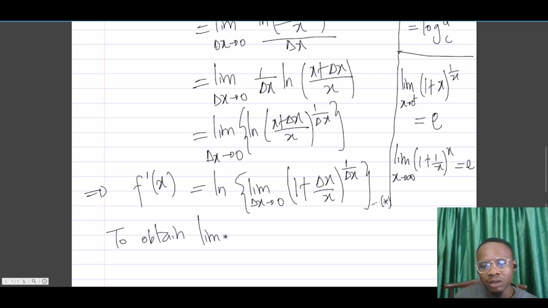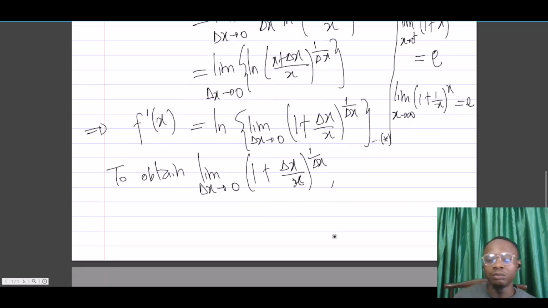So we say that to obtain the limit as delta x approaches 0 of 1 plus delta x over x to the power of 1 over delta x, we proceed as follows.